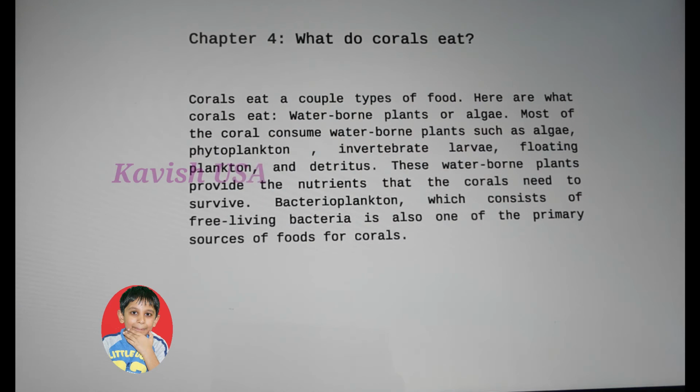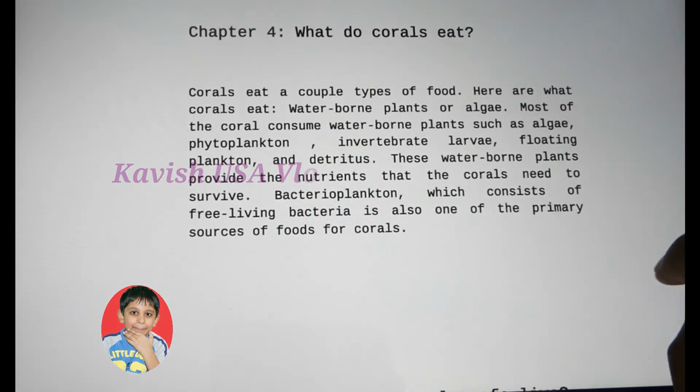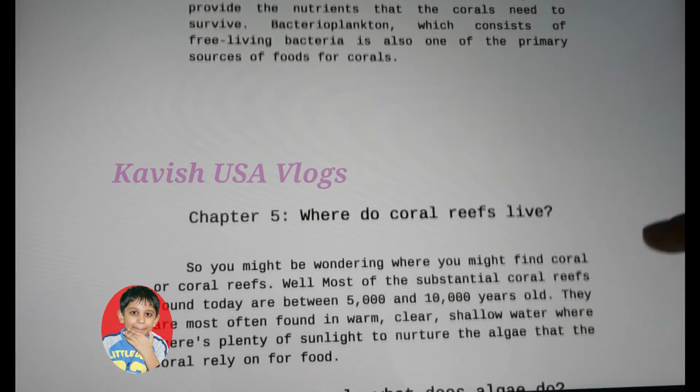These waterborne plants provide the nutrients that the corals need to survive. Bacterioplankton, which consists of free-living bacteria, is also one of the primary sources of food for corals.